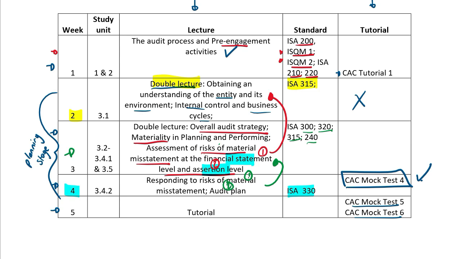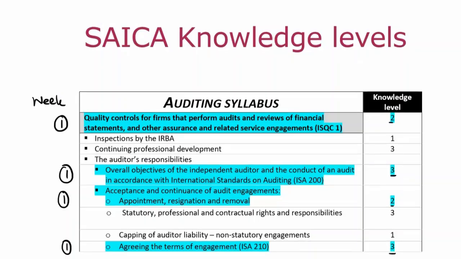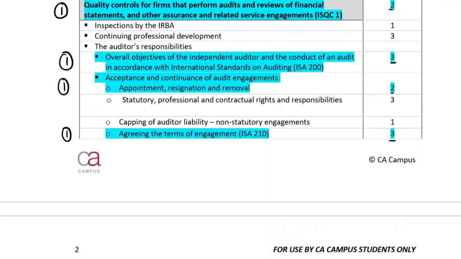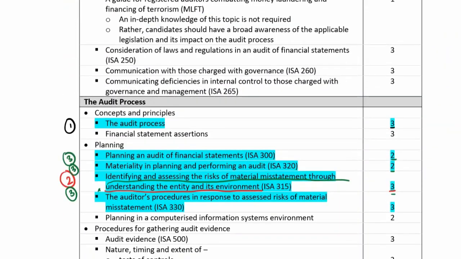Okay, let's just have a look at the knowledge level required for ISA 330. We're going all the way down to responding, which is addressed in week 4, to the assessed risks of material misstatement, ISA 330, and it's a level 3.